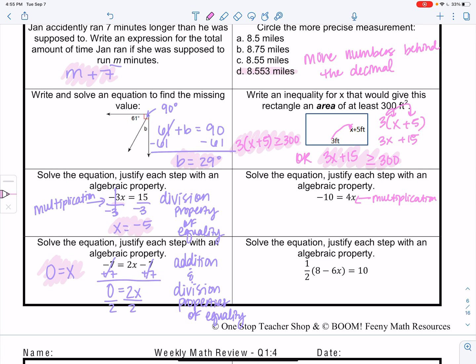All right, since that's multiplication, to get rid of it, all we're going to do is divide both sides by 4, which means we're using the division property of equality. All right, those 4's will cancel each other out, and I have negative 10 divided by 4, which is actually just negative 2.5. And we are done for this.